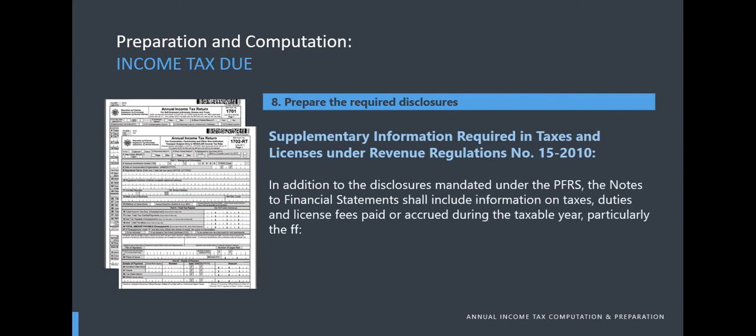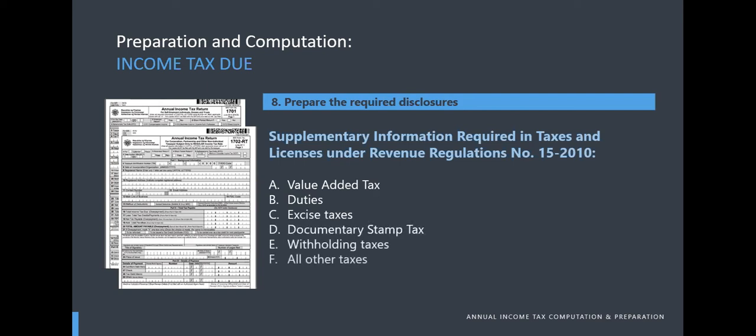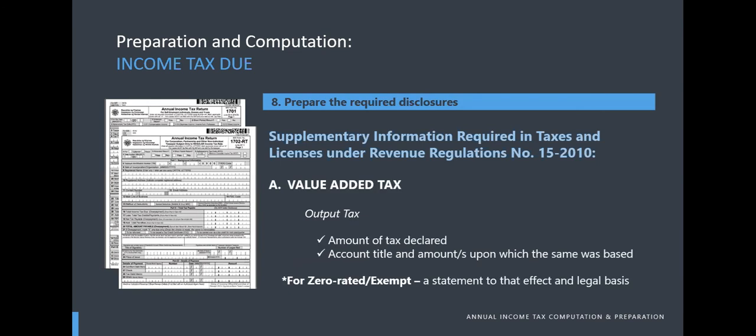In addition to the mandated disclosures under the PFRS, this information on taxes, duties, and license fees paid or accrued during the taxable year must also be disclosed. This includes payments or accruals on value-added tax, duties, excise taxes, documentary stamp tax, withholding taxes, and all other taxes and tax assessments and tax cases.